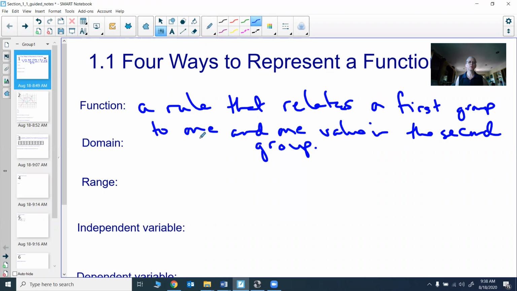So it's very important this one and only one value. That's what makes something a function. You can't have two things going to this one number going to different places. You have to know exactly where they're going.